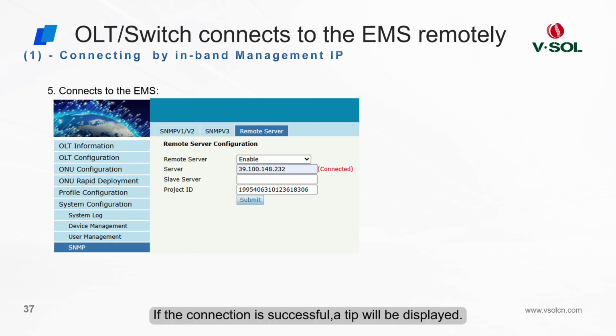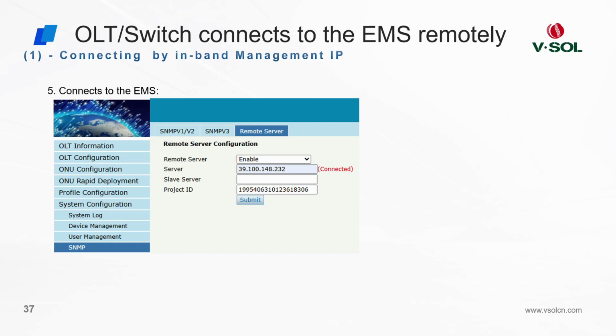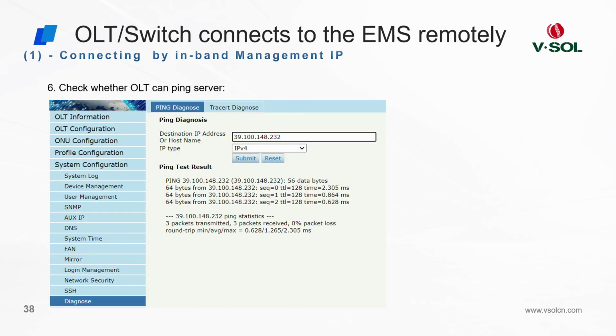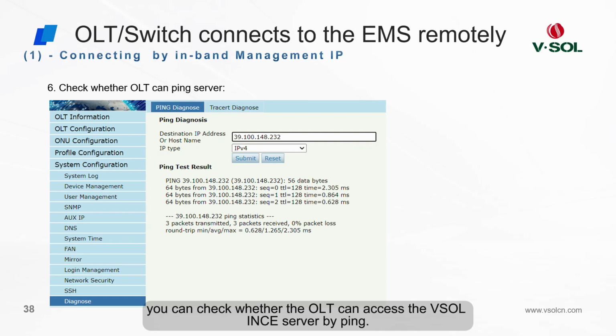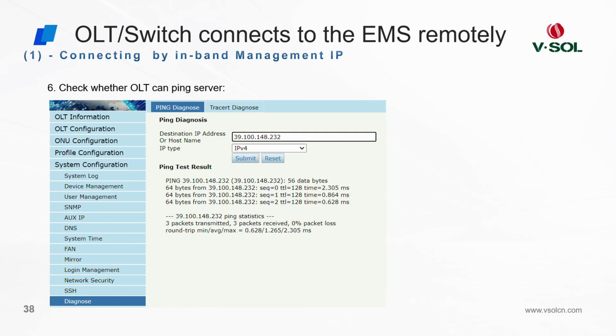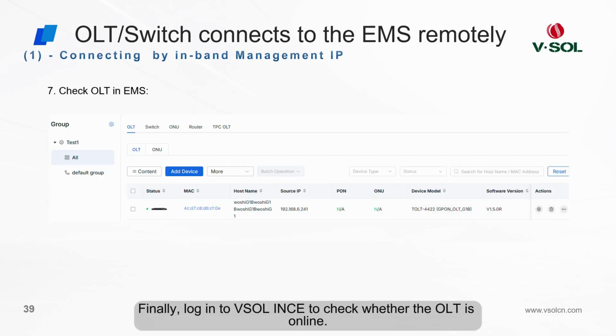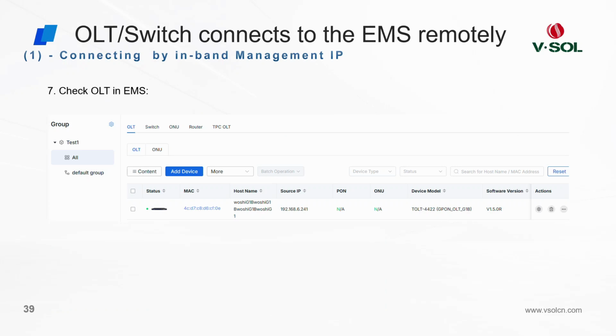If the connection is successful, a tip will be displayed. If it's not connected, you can check whether the OLT can access the VSOL INCE server by ping. Finally, log into VSOL INCE to check whether the OLT is online.